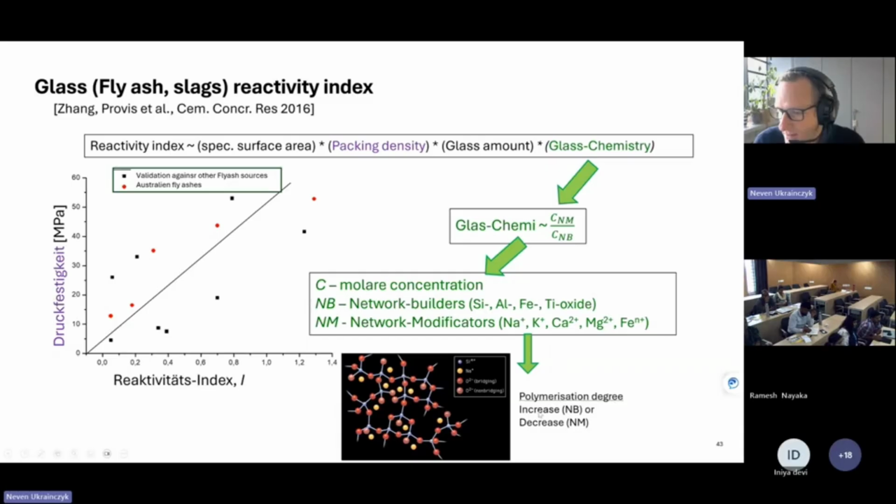This can be explained by the polymerization degree, also like geopolymers. The more network builders you have, the bigger the network, so it's more difficult to dissolve. But the more network modifiers you have, like alkalis, the lower the polymerization degree, so it's easier to dissolve. This is why this ratio gives you the reactivity.